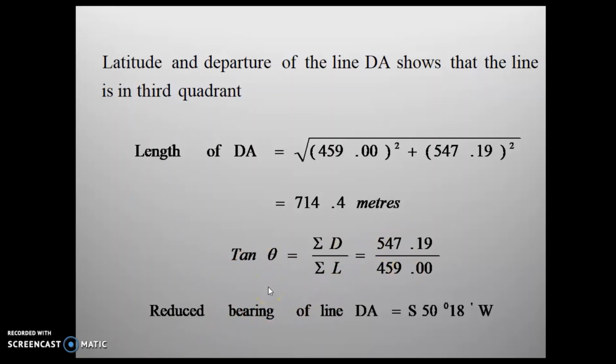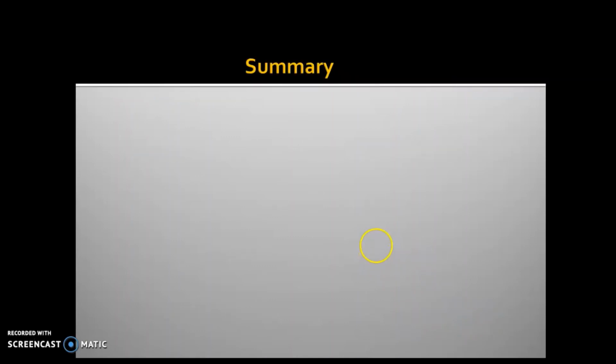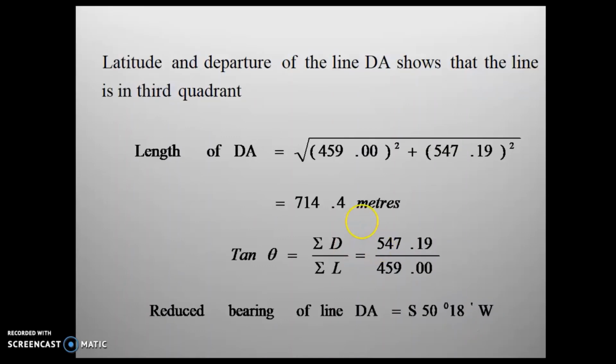Theta equals tan inverse of this value. You will be getting this one. Because it is in the third quadrant, we already know from the figure, it is southwest. Okay. So finally we got the length and bearing of the side in the given question, right?